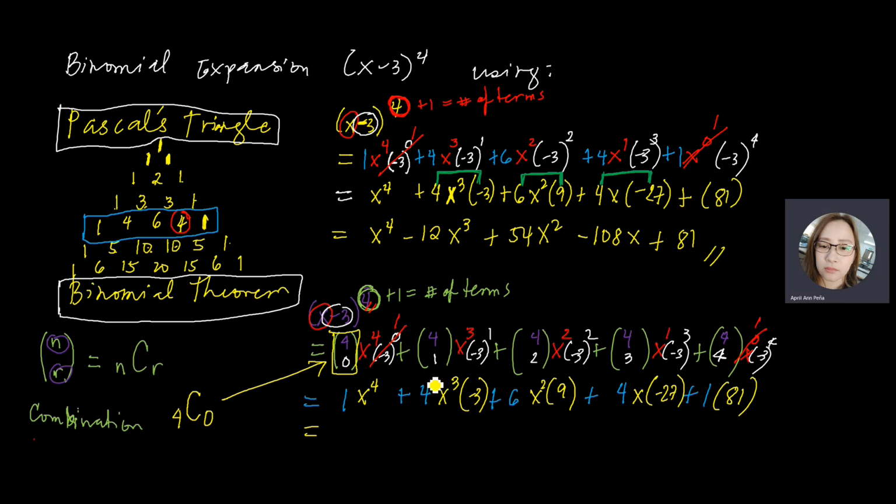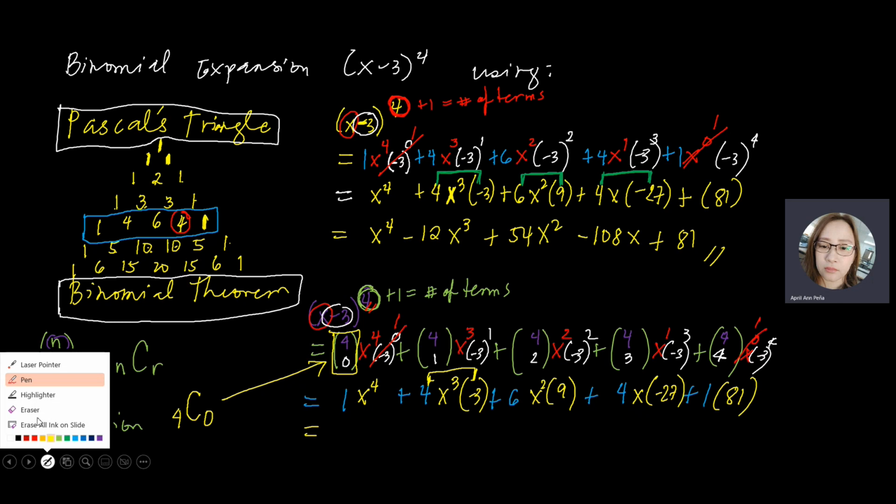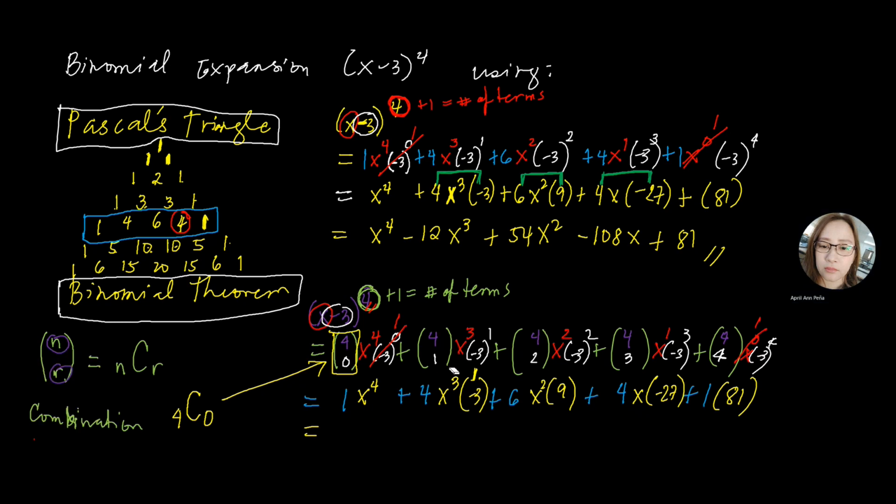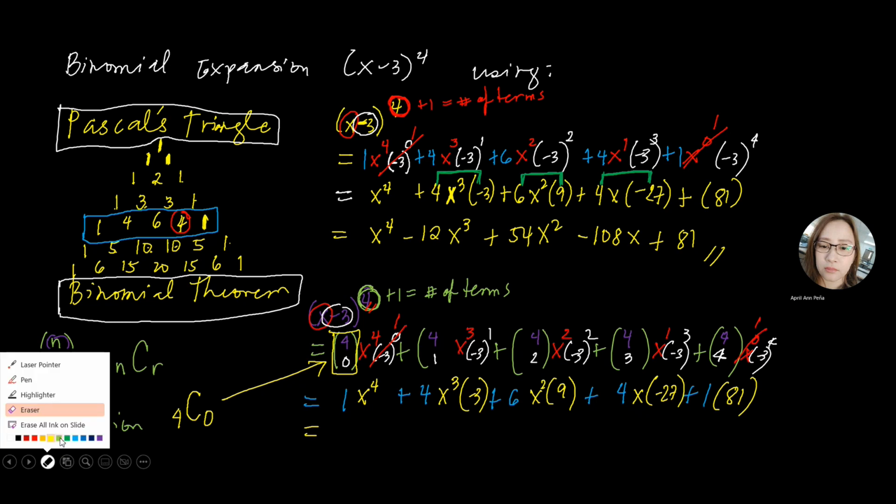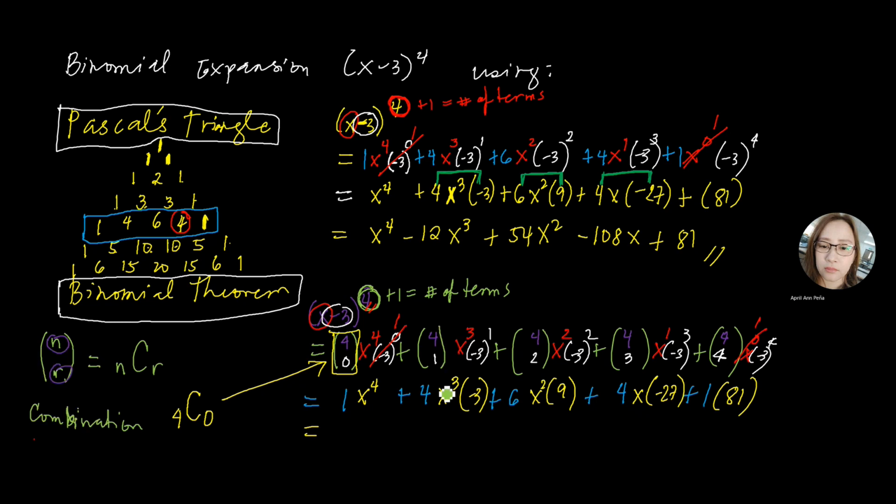And then again, you can multiply the numbers here. The 4 and negative 3, the 6 and 9, the 4 and negative 27.